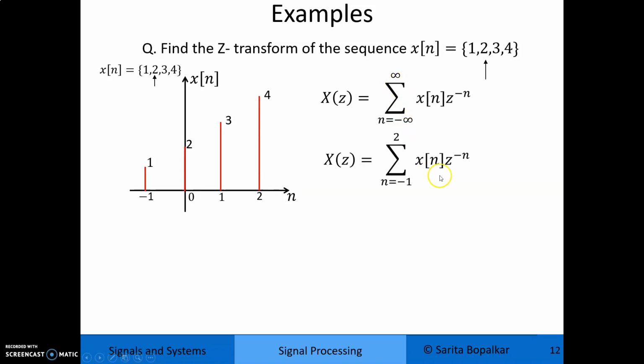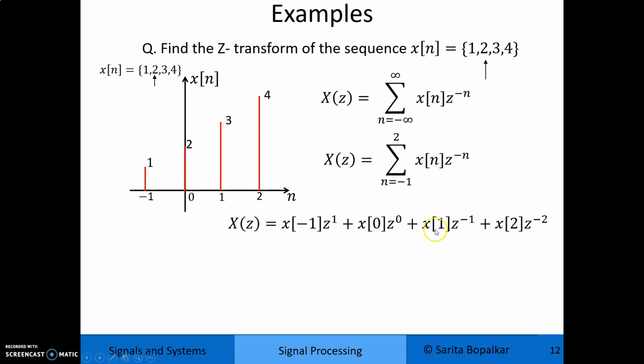Let's put it -1 to 2, x of n z raised to -n. Now put the values of n. N is equal to -1, 0, 1, 2. N is equal to -1, x of -1, z raised to minus of -1. That means it becomes +1. N is equal to 0, x of 0, z raised to 0.